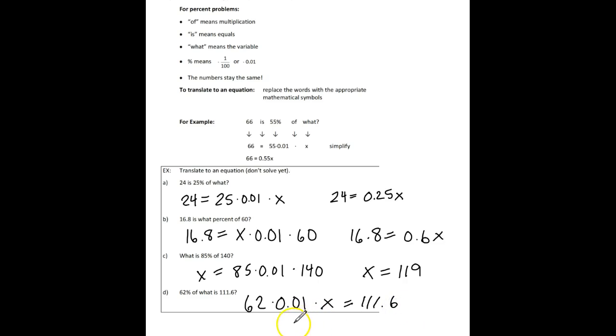So when I simplify here, I get 0.62x equals 111.6. Now these said that we weren't going to solve them, but guess what? We're going to solve them here pretty quick. Solving them, we're just going to work through just like we have solved other equations by getting the variable by itself.